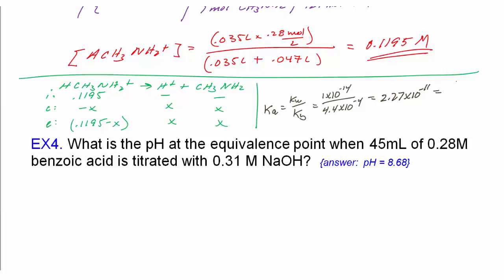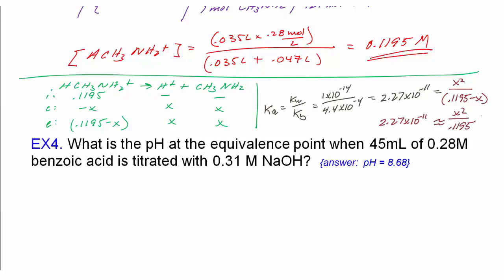And that has to be equal to products over reactants, x squared divided by 0.1195 minus x. I like that negative 11, so it's approximately x squared all over 0.1195.